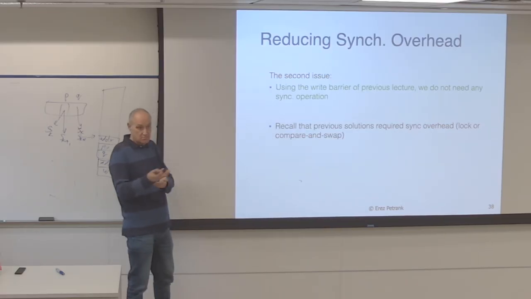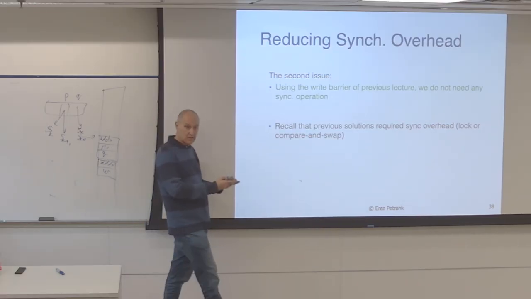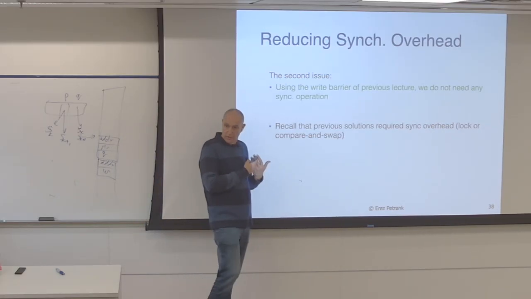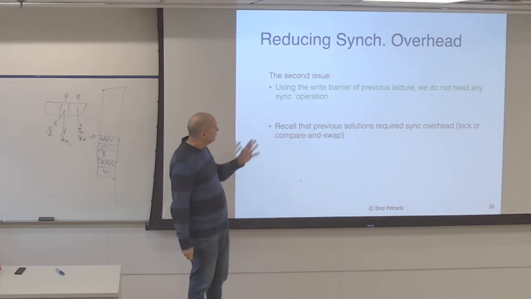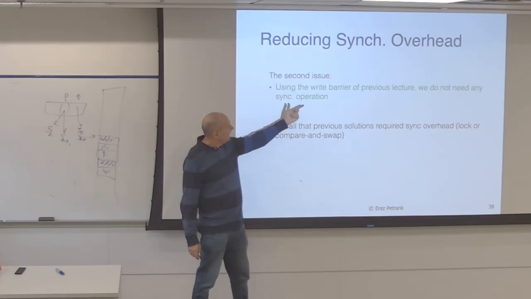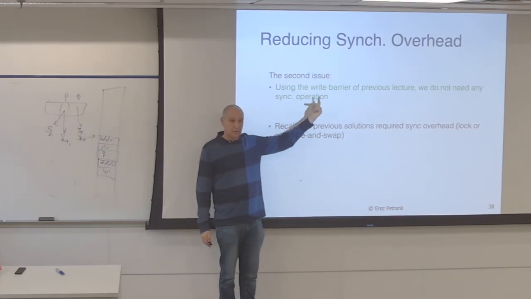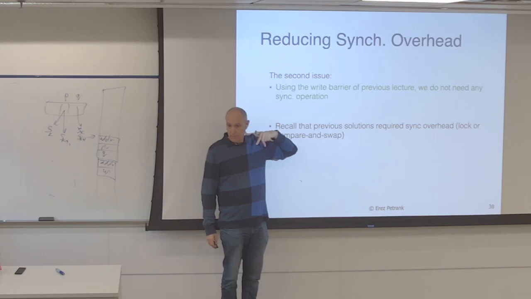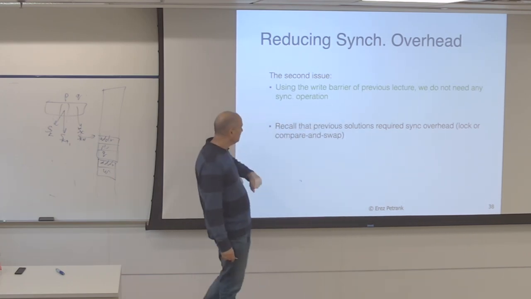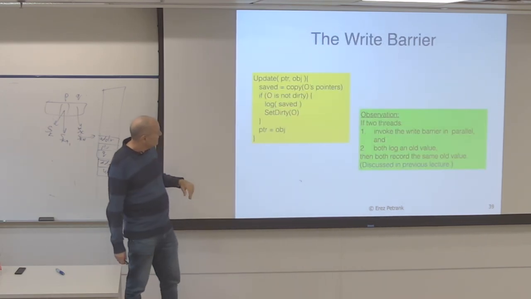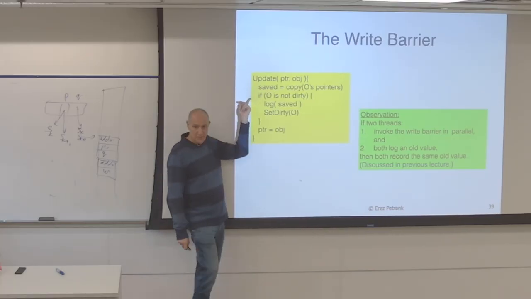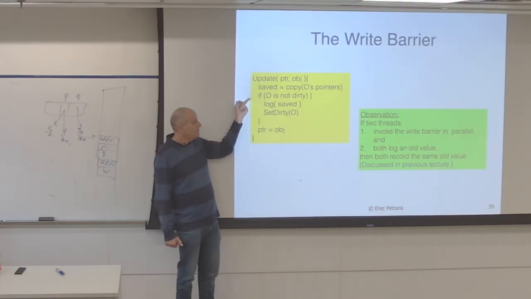I'm just recording the previous value. I'm not doing reference count updates. So all these problems that we had have vanished. So I can use exactly the write barrier of the previous lecture, and here it is. This is the previous lecture's write barrier.